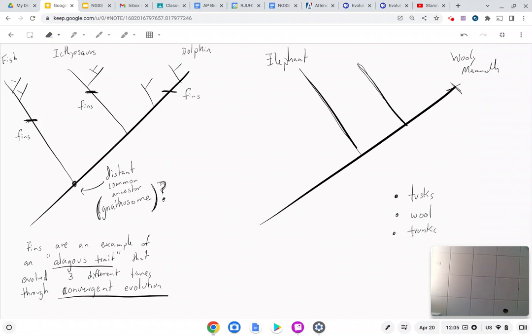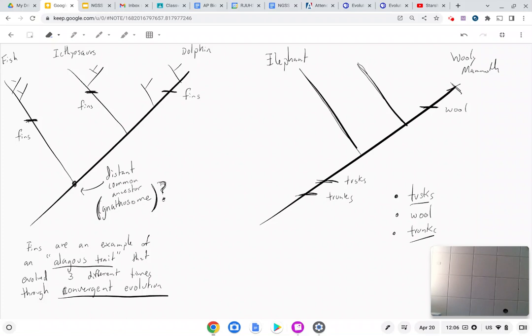Okay, so if you think about it, the derived trait in this instance, the quote unquote innovation, was wool. So I'm going to place wool right here because it's shared only by the woolly mammoth. Elephant does not have wool. Now, tusks and trunks must have evolved down here because elephants and woolly mammoth both have tusks and trunks.